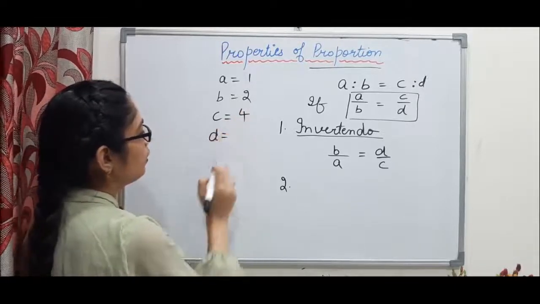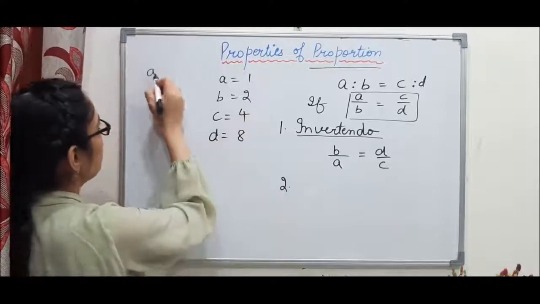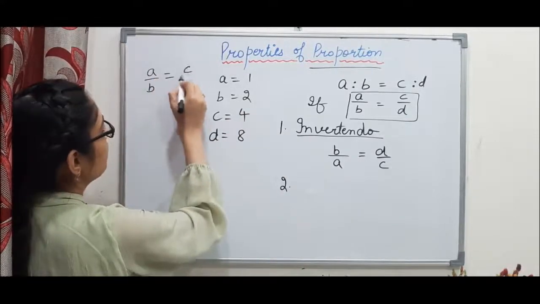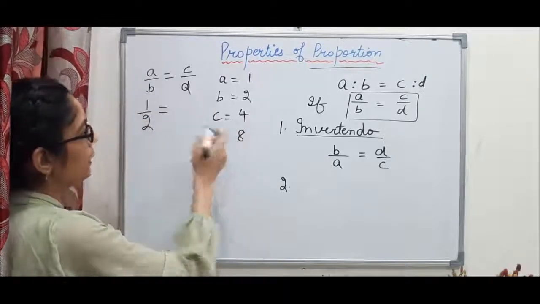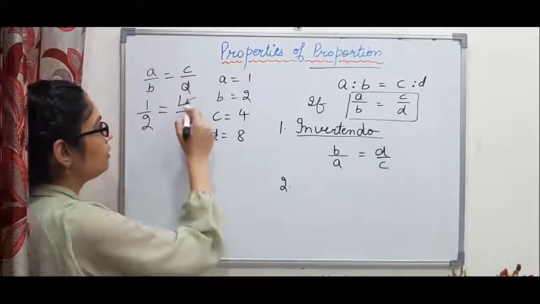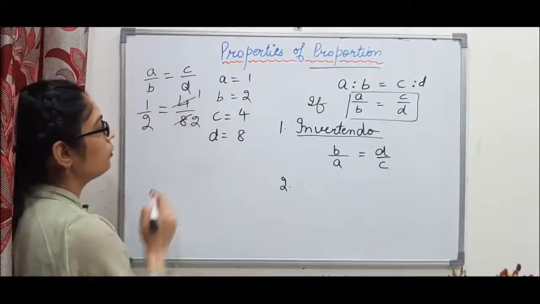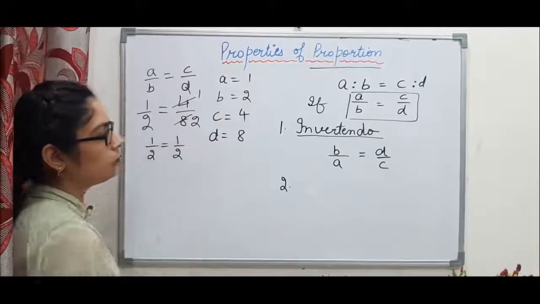We can see A by B is equal to C by D, because A by B is 1 by 2 and C by D is 4 by 8. If I cancel, it will be 4 into 1, 4 into 2. So 1 by 2 is equal to 1 by 2.